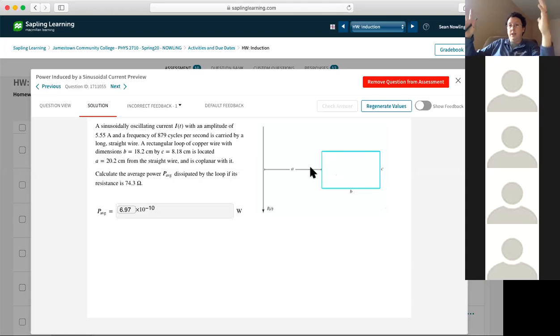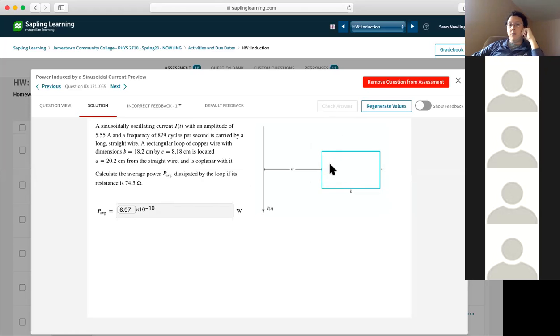You can have a voltage in the air in front of you, across your body or something. But the fact that there's a wire there means that the presence of an EMF is going to cause a current to flow.